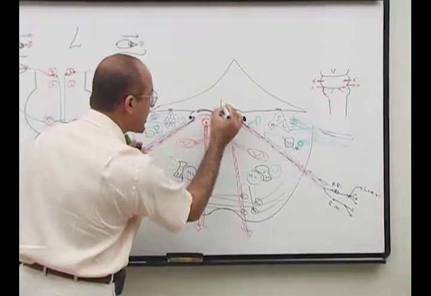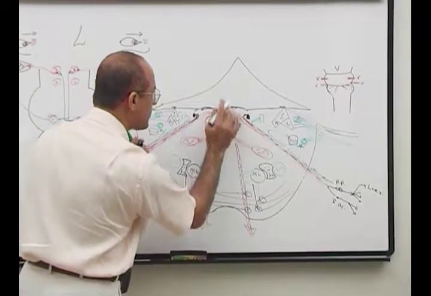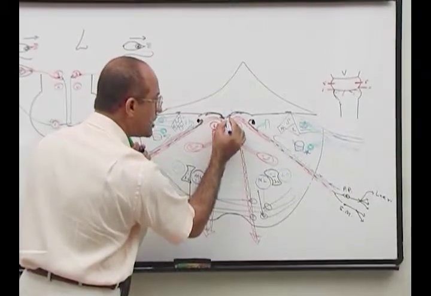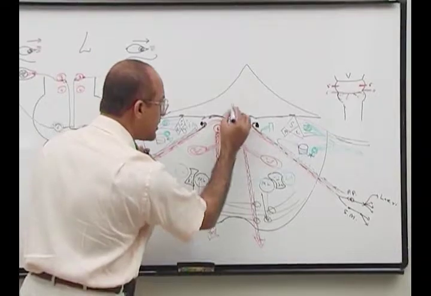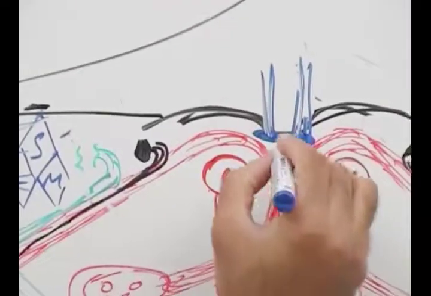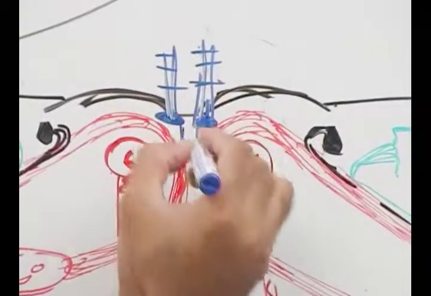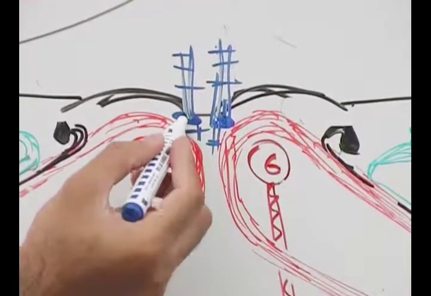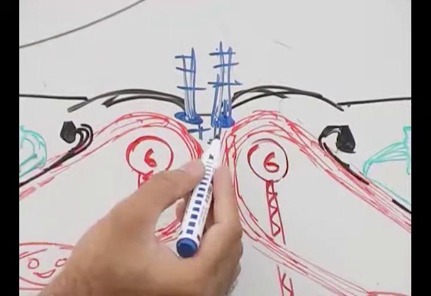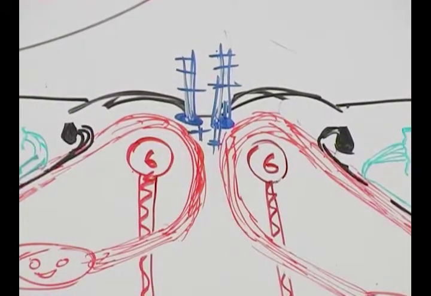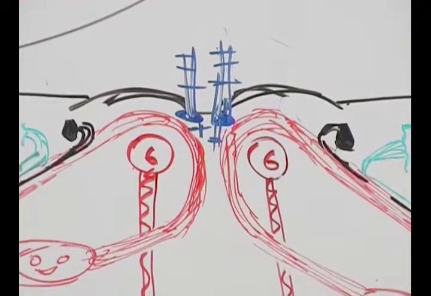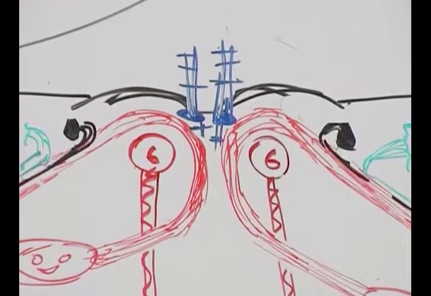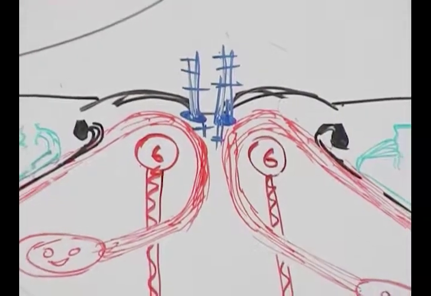It's going up and, of course, it's going down also and interconnects different nuclei. Because it is medially present, we call it medial, and because it is longitudinally present, we call it longitudinal. Fasciculus means bundle. So in the brainstem, in the medial position, there is a longitudinal bundle of fibers.